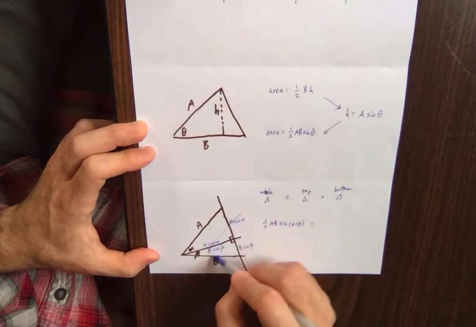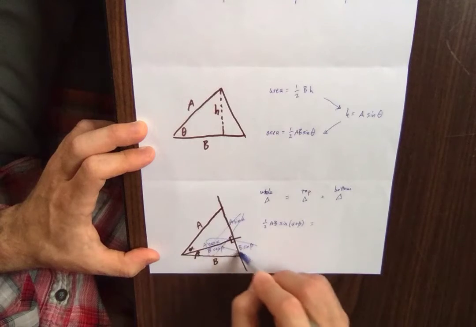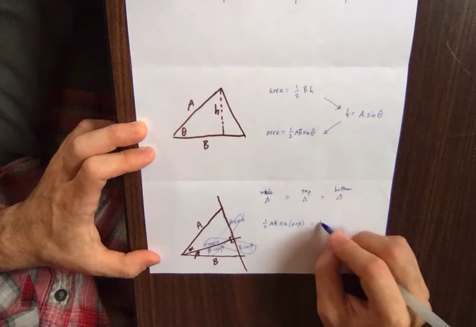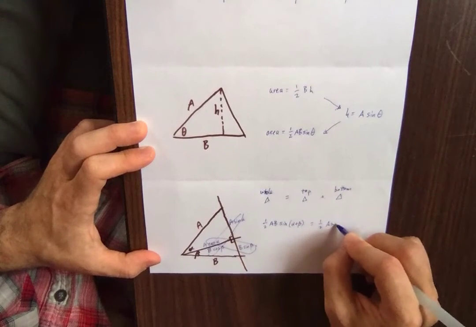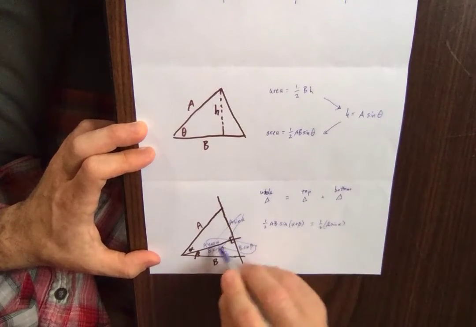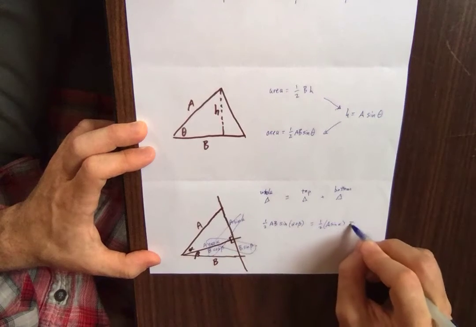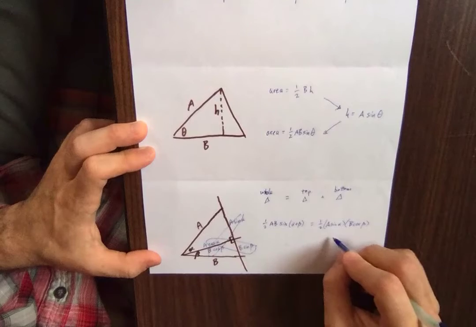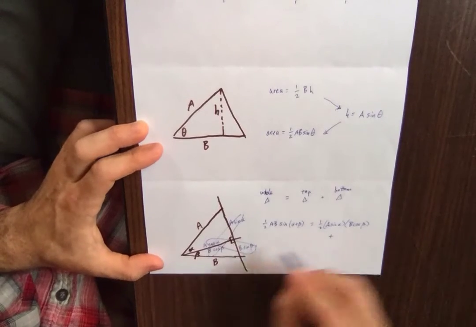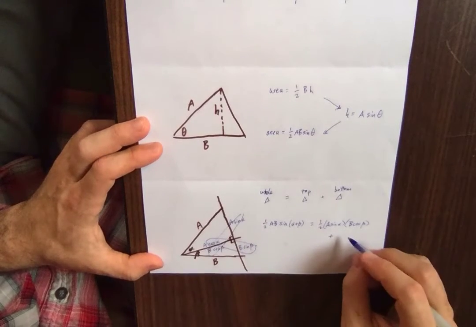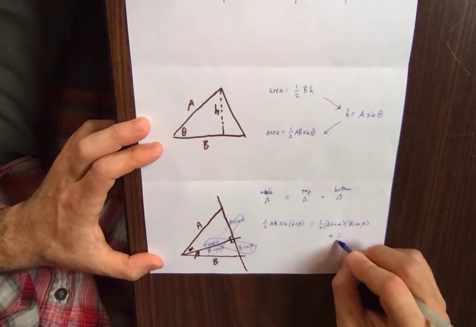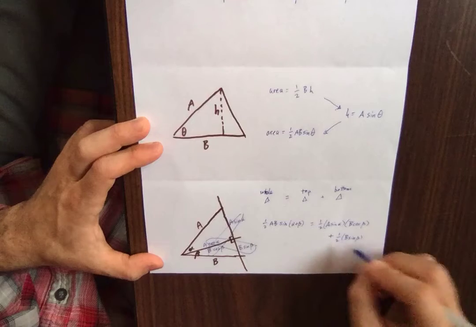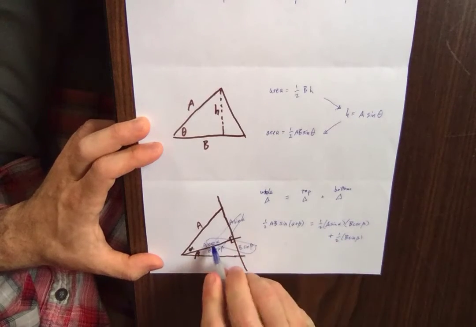Look at this. Cross multiply in a sense. The top triangle is 1/2 A sine alpha times B cosine beta. The bottom triangle is 1/2 B sine beta times A cosine alpha.